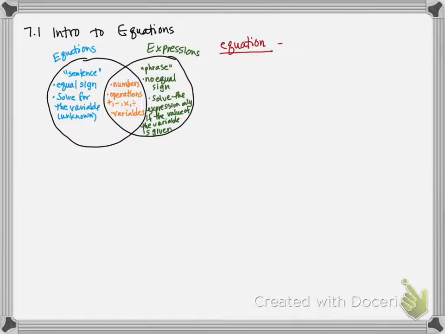So it's going to be a mathematical sentence. So I'm trying to distinguish that from like an English sentence, right? Mathematical sentence that shows two expressions are equal to each other.